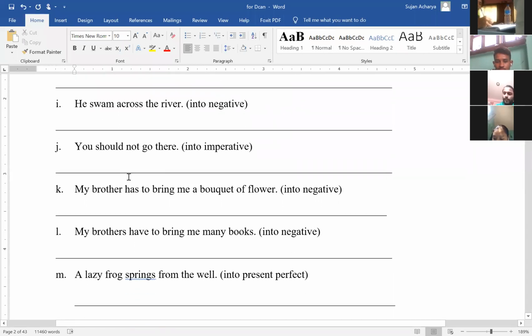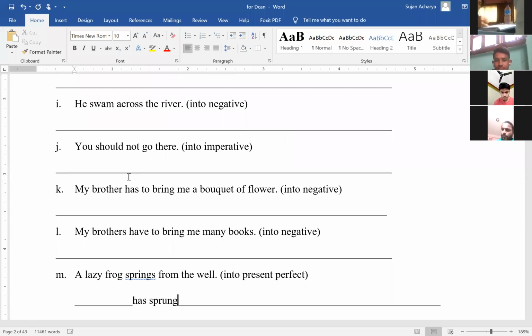A lazy frog springs from the well, into present perfect. The lazy frog has sprung from the well.